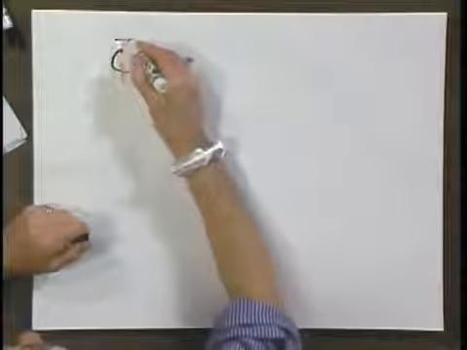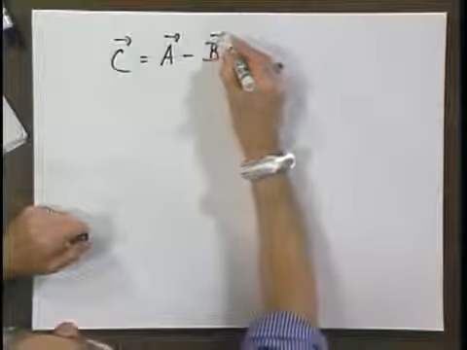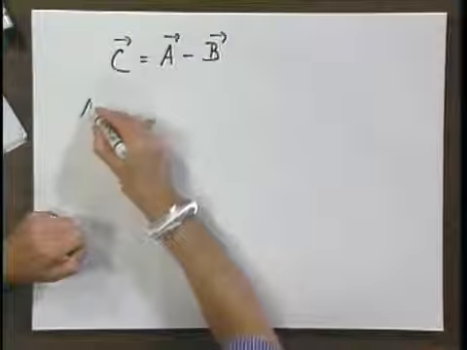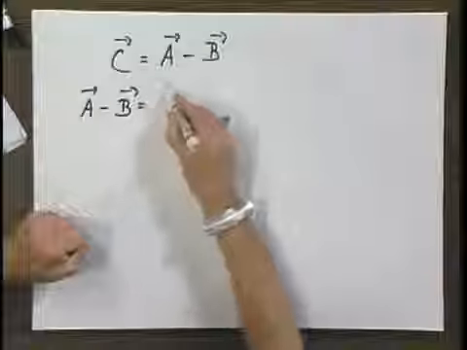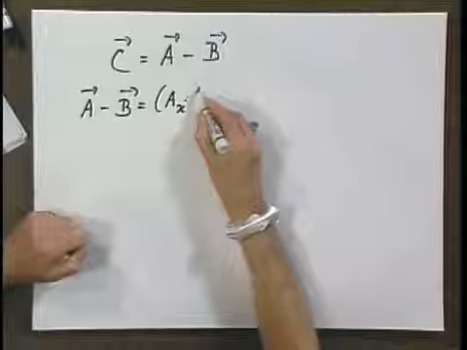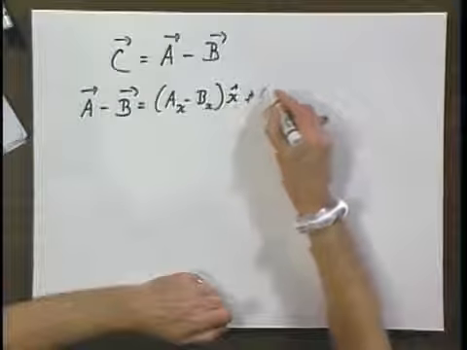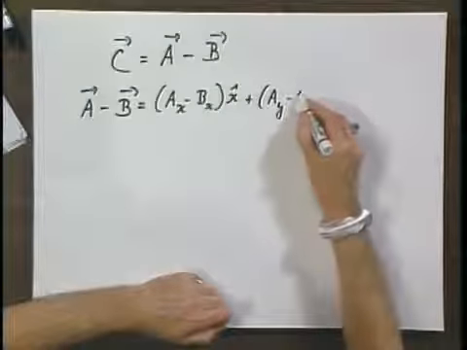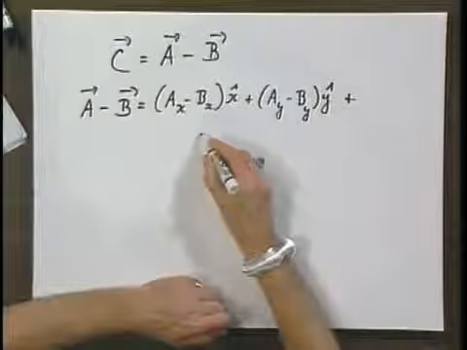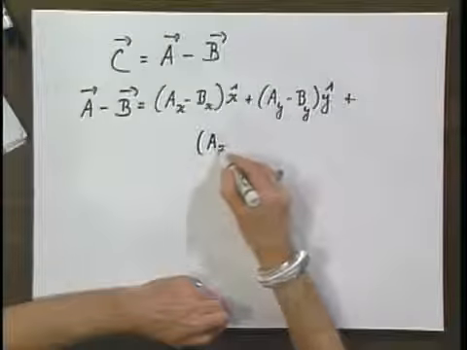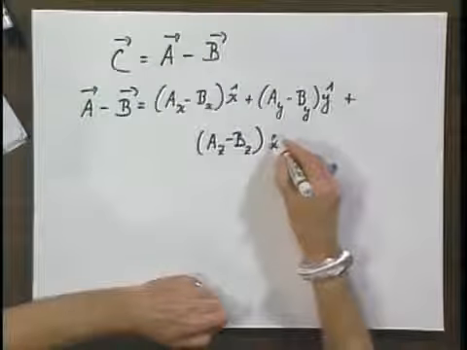If we have the same vectors A and B, and C now equals A minus B, then it should not come as a surprise that A minus B equals AX minus BX in the x direction plus AY minus BY in the y direction plus AZ minus BZ in the z direction.